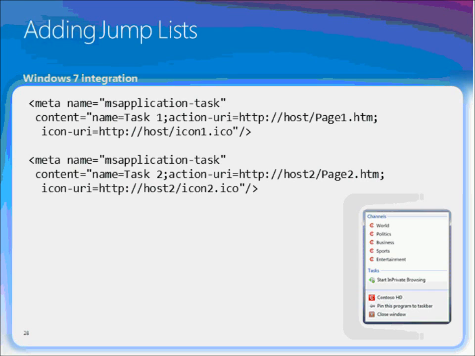Adding jump lists is just some simple meta tags at the top of the page. And you add simply meta tag, name, msapplication-task, content, name, task 1. So that's the name of the task you want to appear. Providing the action URI, so the URL that the user will go to when the browser opens, and an icon. So in the little diagram that you see on screen, I might say world and provide a link to my world news or political news or that kind of thing.